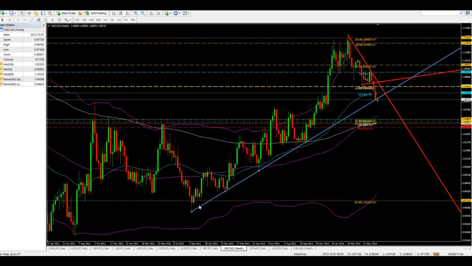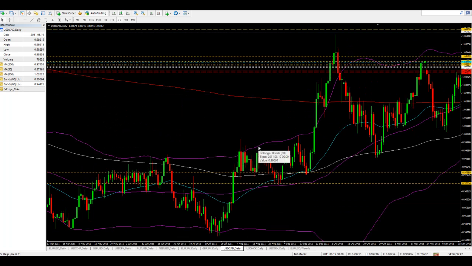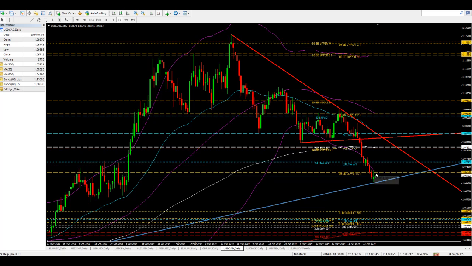And this is actually a very, very good trend line dating back to September of 2012. So it's about 2 years old. We are below that level at this moment. So we could have a sell on the dollar CAD, and actually that's what I'm probably going to go with as far as the bias is concerned. I'm looking for a sell here.